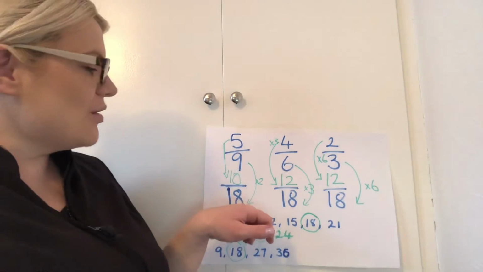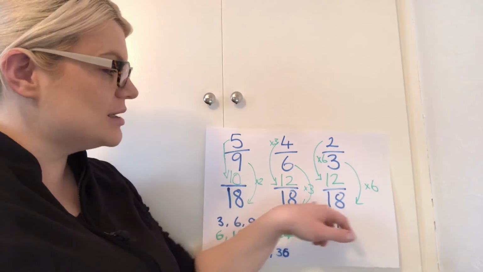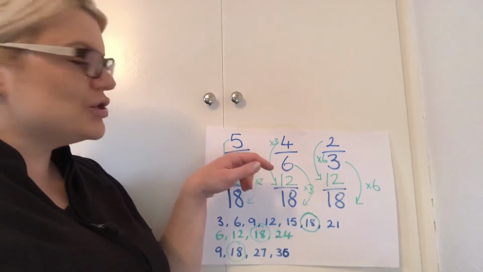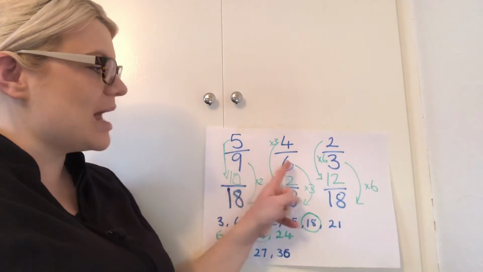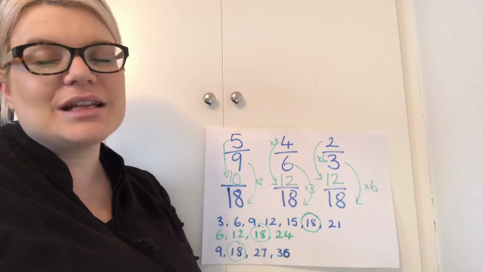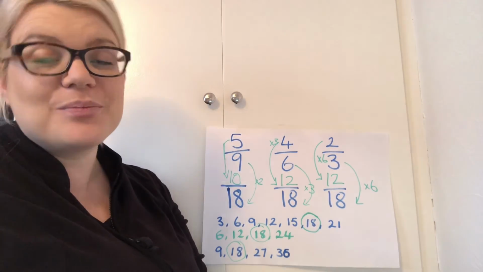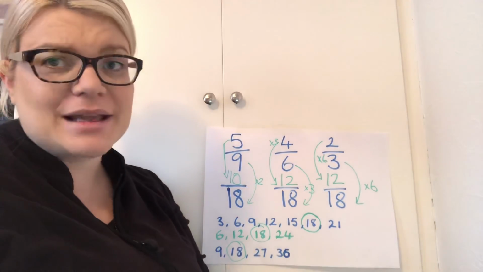Okay, but there you go. The main point is converting to our common denominators. And just remember, sometimes we have to do an extra step and there isn't a clear link between the denominators, and you have to try and work it out by yourself using multiples. I hope that makes sense.